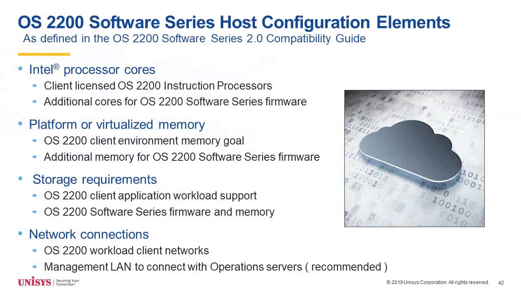From network connections, again, as part of your client networks, you need to have whatever you need for your OS 2200 processing, and we recommend a separate network connection between the OS 2200 instance and the operations server.